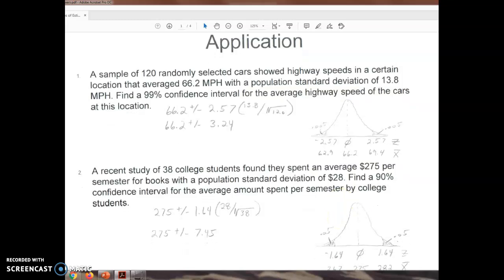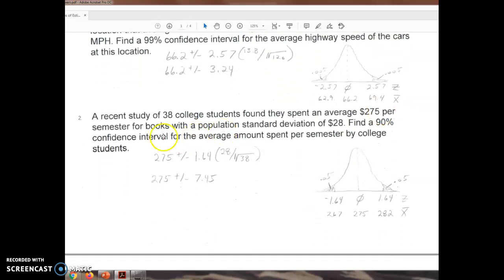Okay? What we want to do here is first find our x bar, which is going to be, right, we have a 275. That's our sample mean. So 275 plus or minus our z-score, we'll derive that in a minute from the table, but it says 1.64 times the standard error, which is our population standard deviation of 28 given to us, divided by the square root of our sample, which is 38.